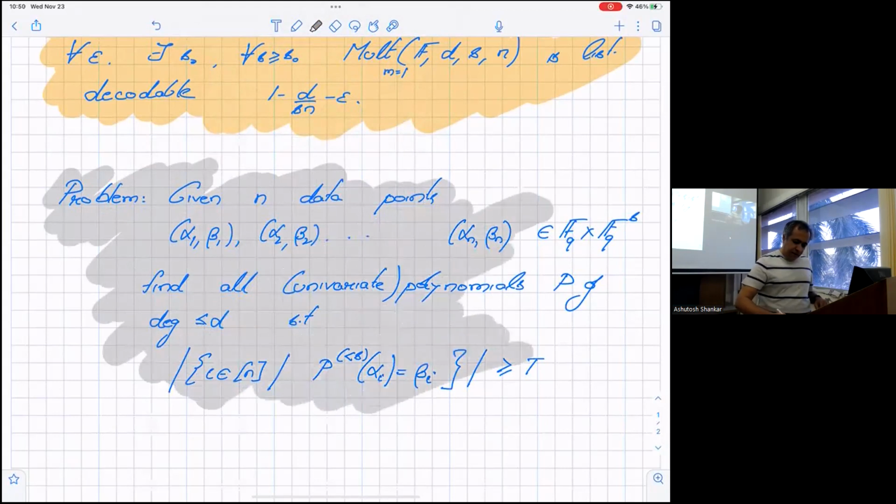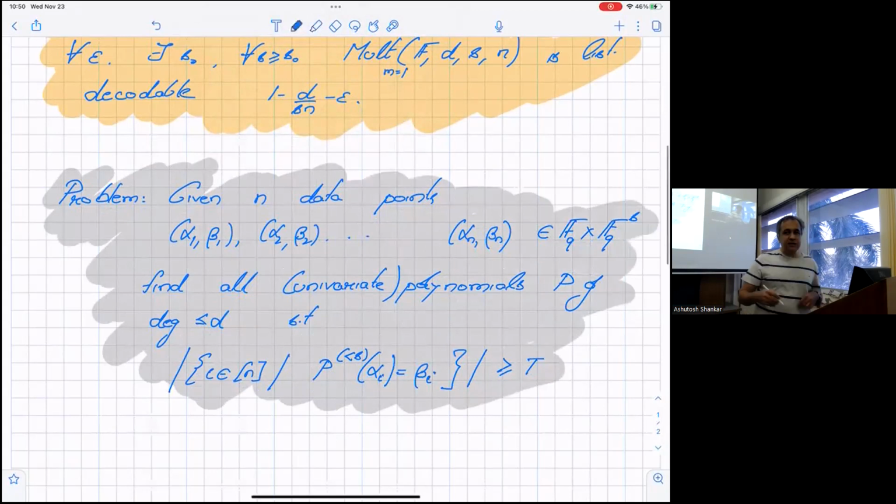A priori, it is unclear if this is even combinatorially feasible. The question is, we want to make t as small as possible and still be able to do this. If t is less than half the minimum distance, then of course a Welch-Berlekamp style algorithm will work. I also mentioned that if t is close to the Johnson radius, a Guruswami-Sudan like algorithm adaptation will work.